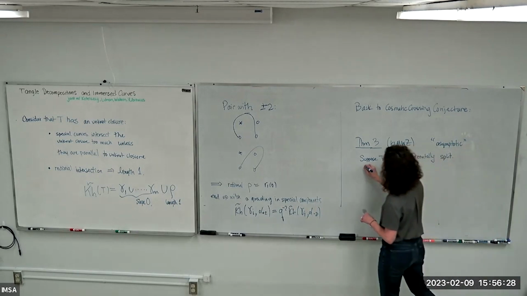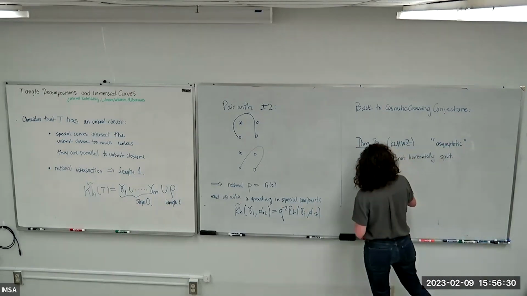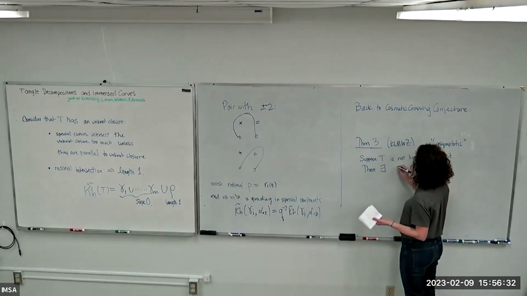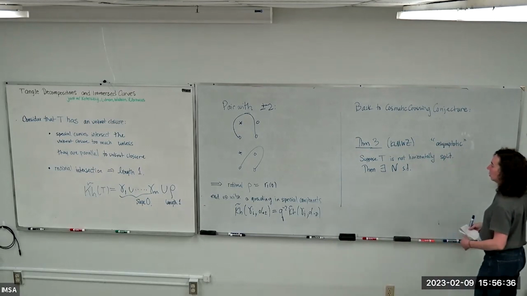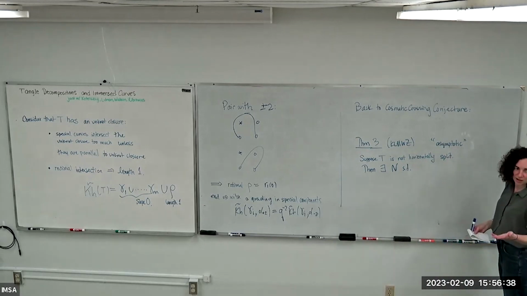Then there exists some integer n such that if you add sufficiently large twists to T, you're always going to get something new.